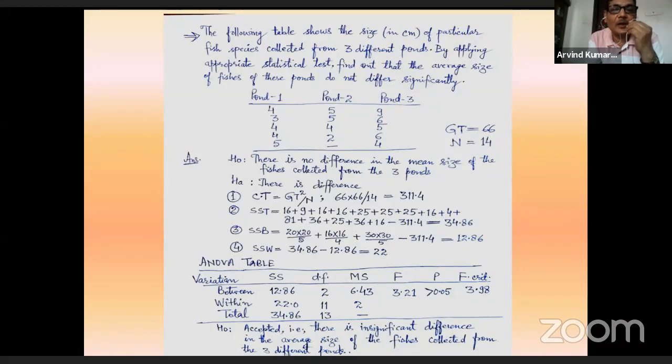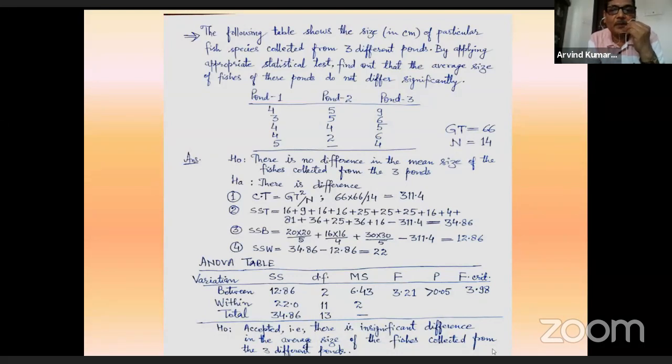Then the next step is SSB. I told you that for SSB, the total of each column will be squared and then divided by the number of cases, plus the next sample, its total squared divided by its number of cases.